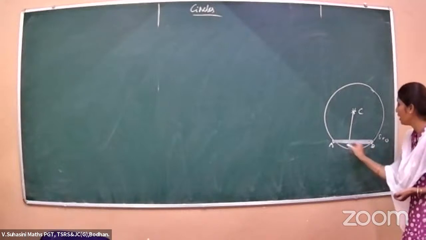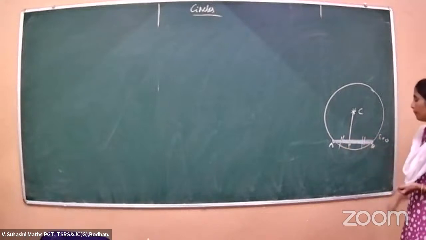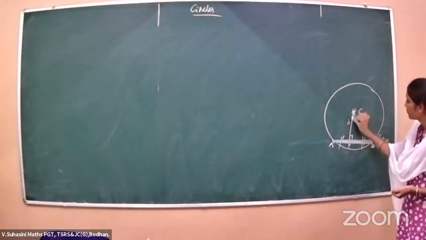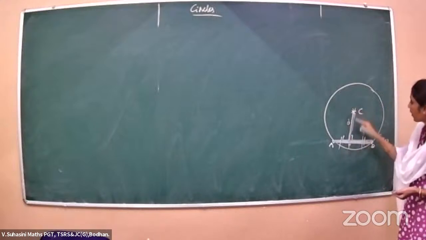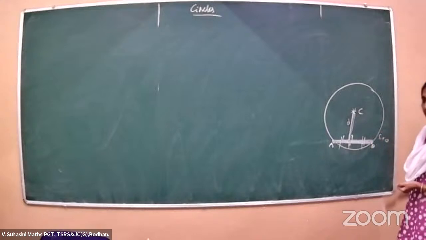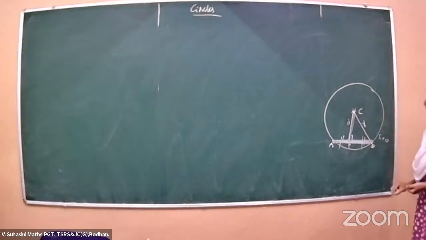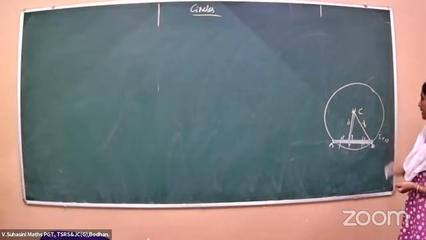Suppose it is meeting at P, AP will be equal to PB. And we also discussed that this perpendicular distance is d, the distance between the point and the line AB. And CB is nothing but the radius.